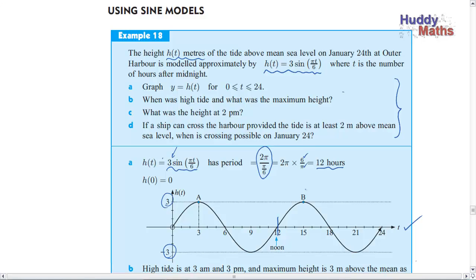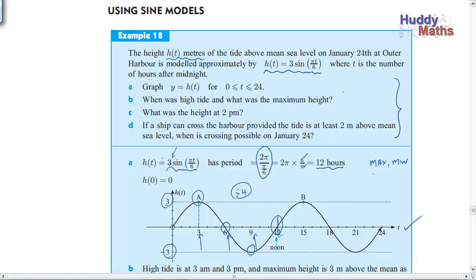How do you know? Well, if the period is 12, that's the end of the cycle, and you know there are 4 things that happen in a cycle. Starts off at 0, goes to a max, goes to a 0, goes to a min and back again. So you'll divide by 4, and have one of those features every 3 hours. Get the idea? Understanding the graphs of sine and cosine are powerful tools in fitting models. So get the max and the min from the formula.